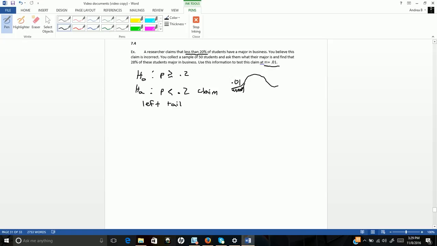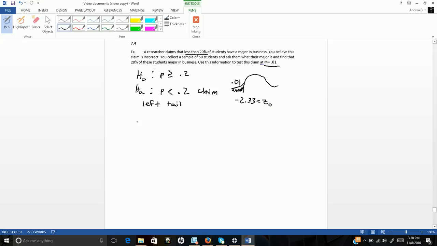So if we look that up in the table here, the one that is closest to 0.01, in this case, looks like it's a 0.099. So it's very, very close to 0.01. And that z-score value there is a negative 2.33. And that's also where in the book they have this labeled as z sub 0 as that critical value there.